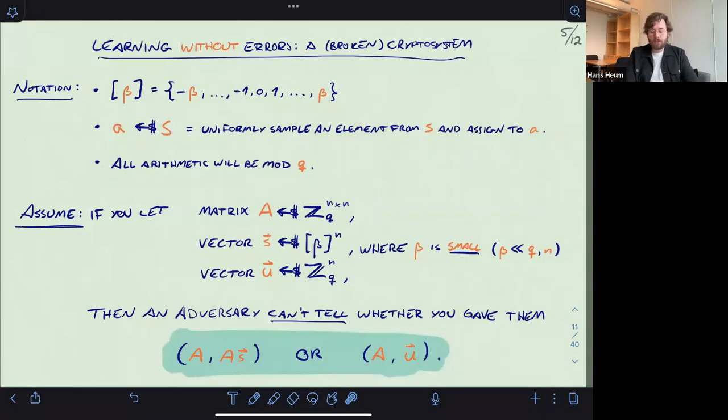An adversary can't tell whether you give him the matrix A and the transformed short vector, where you have applied A to S, or whether you gave the matrix A and a uniform vector U, which has no relation to A and short vectors. Another way of posing it is if you apply the inverse of A to U, will the result be a short vector, right?